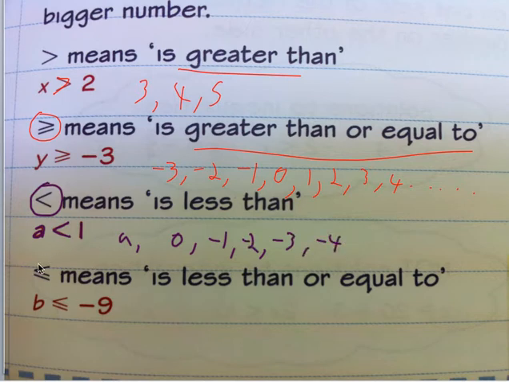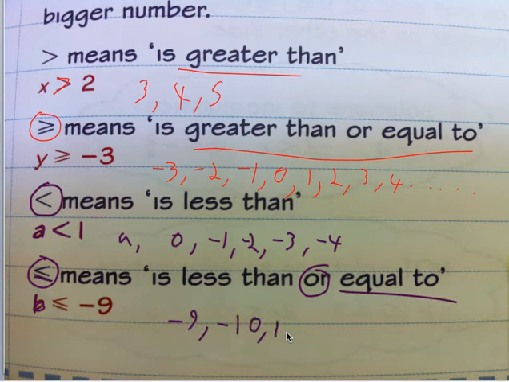And again, this symbol here, if we add an extra line underneath, means is less than or equal to. So in this version, the letter B could be represented by any numbers that are less than or equal to minus 9. So it could be minus 9, but it could also be minus 10, minus 11, minus 12, etc.